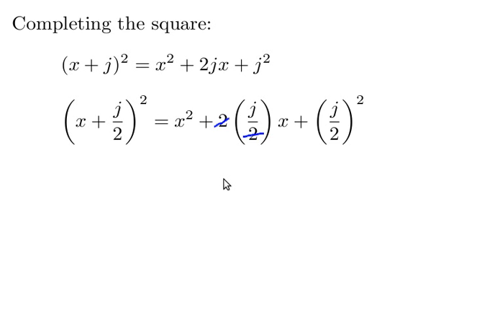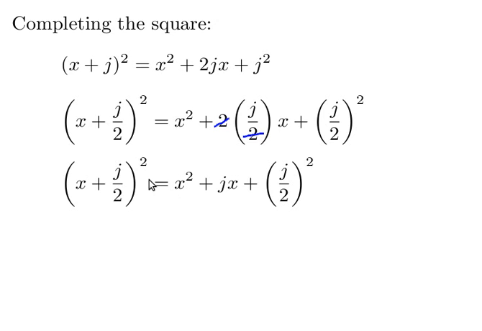So x plus j over 2 quantity squared is equal to x squared plus jx plus j over 2 squared, since these 2's cancel out.